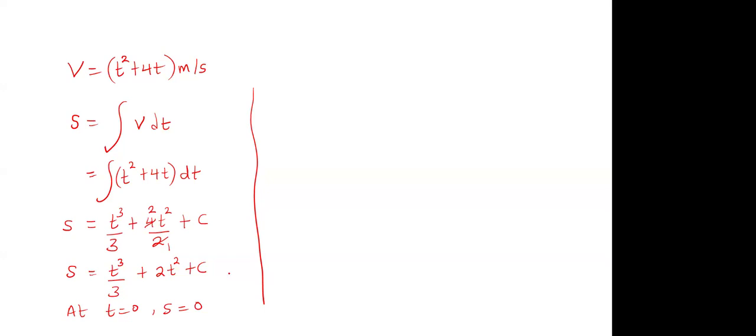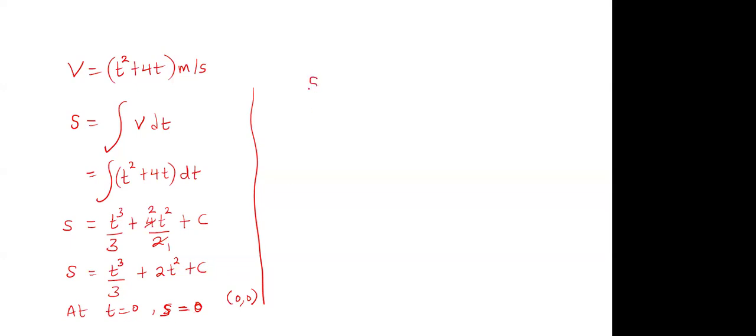But here I want you to understand why we are equating S equals 0: because they told us that our particle was at the origin. And we know that origin is 0, 0, so it had not moved in any direction. That's why we shall take our displacement initially as 0.